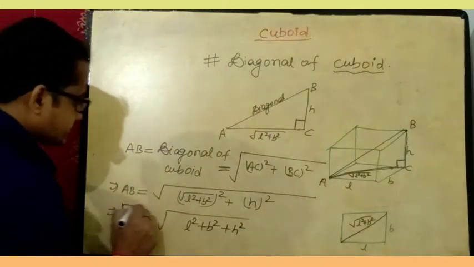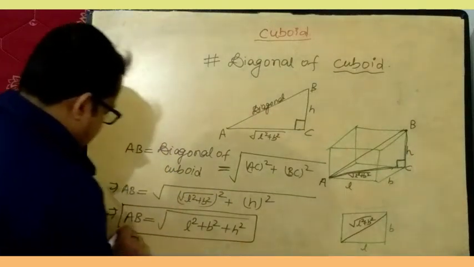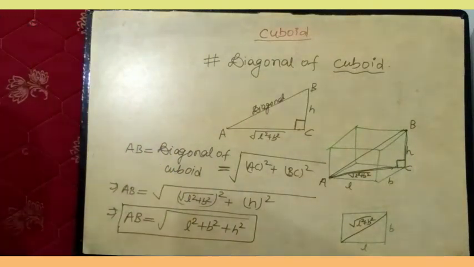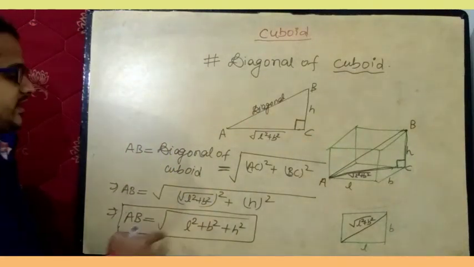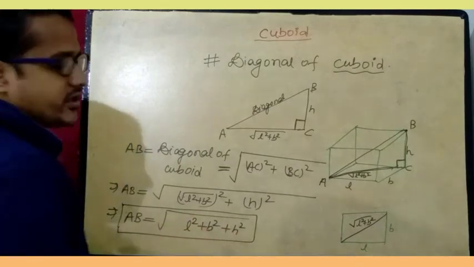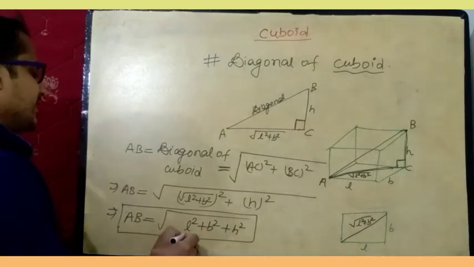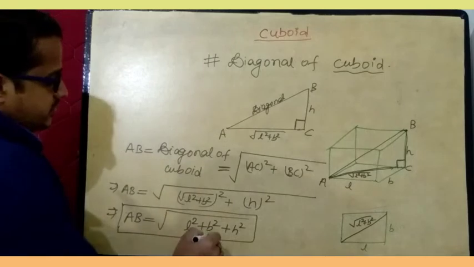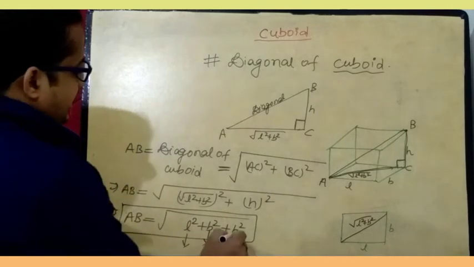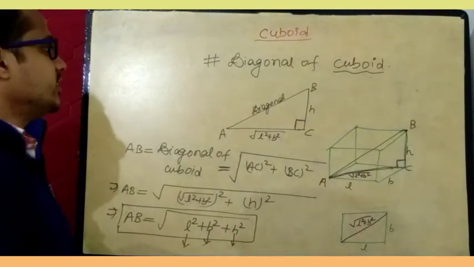So the diagonal of a cuboid equals root over L square add up B square add up H square, where L is the length of the cuboid, B is the breadth of the cuboid and H is the height of the cuboid.